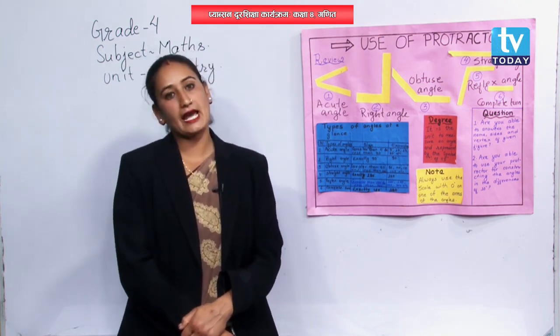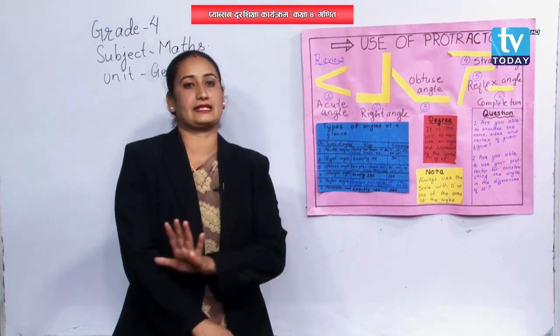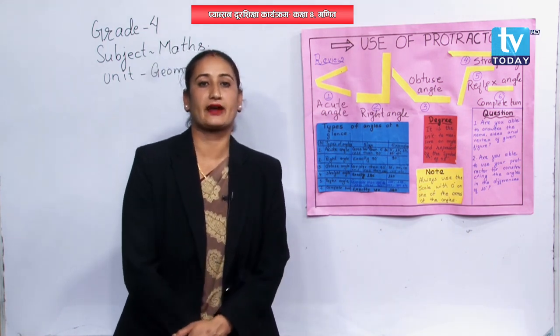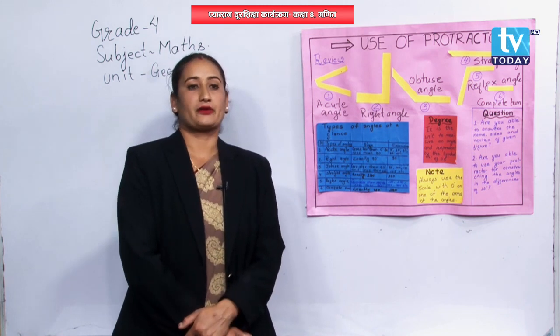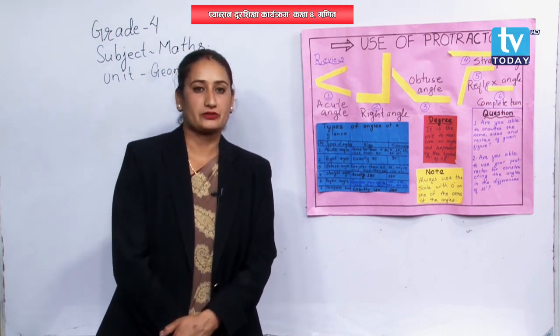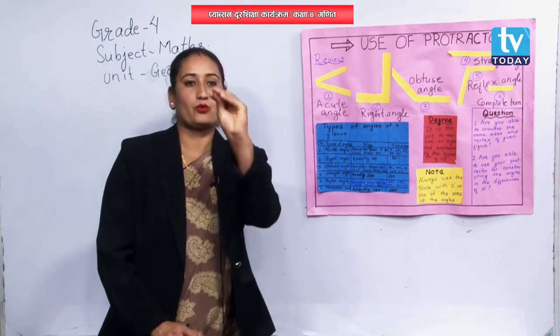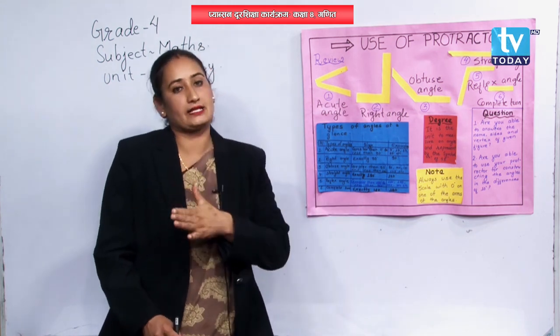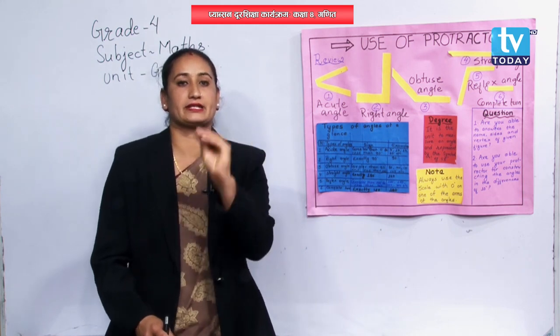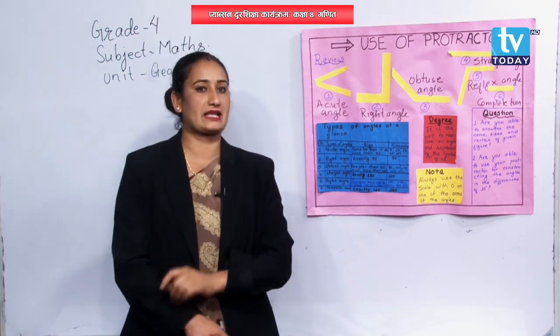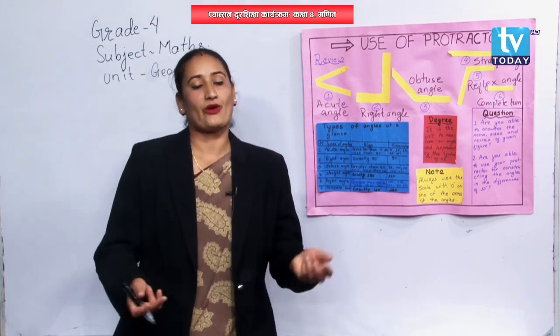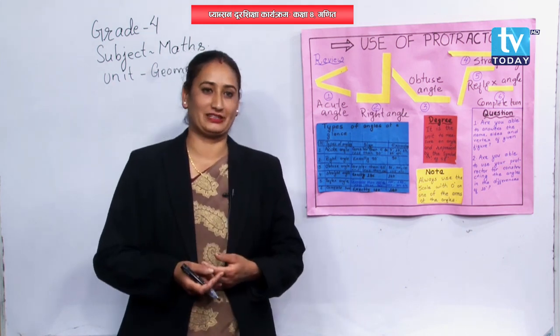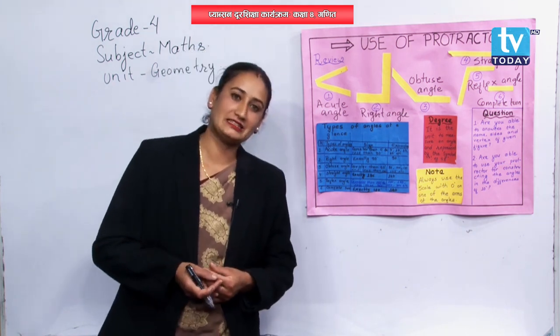Same like the right angle, which is exactly 90 degrees, we are going to say the straight angle is exactly 180 degrees. Not more nor less, exactly 180 degrees, and it has only one example, that is what? 180 degrees only.